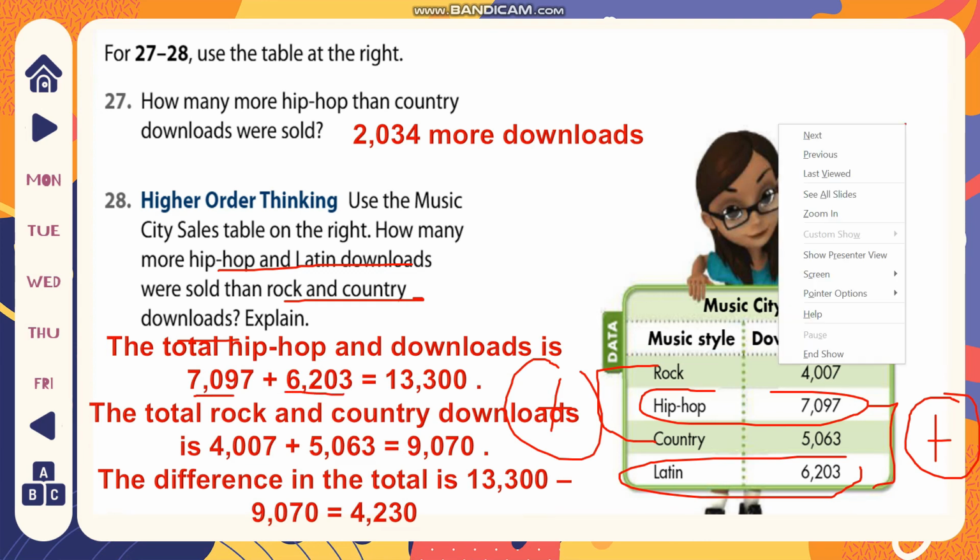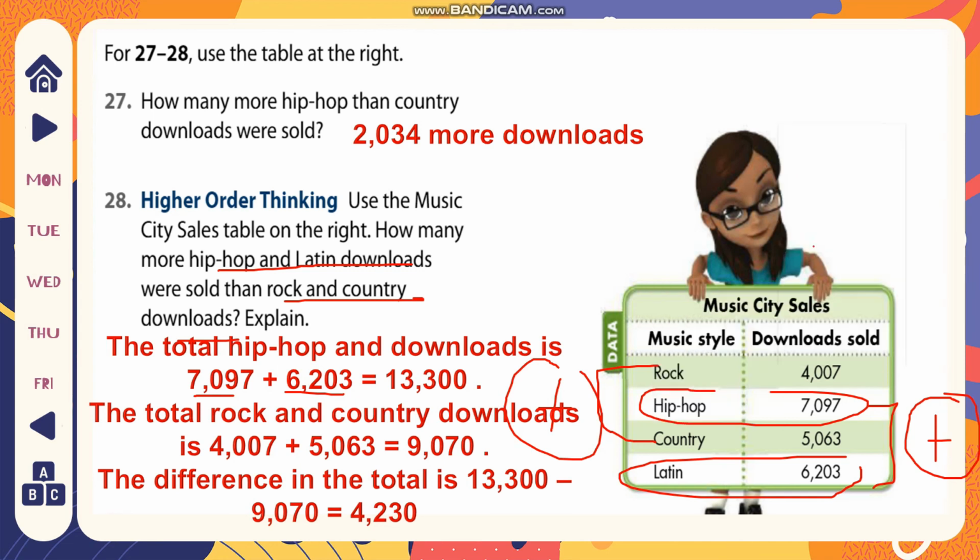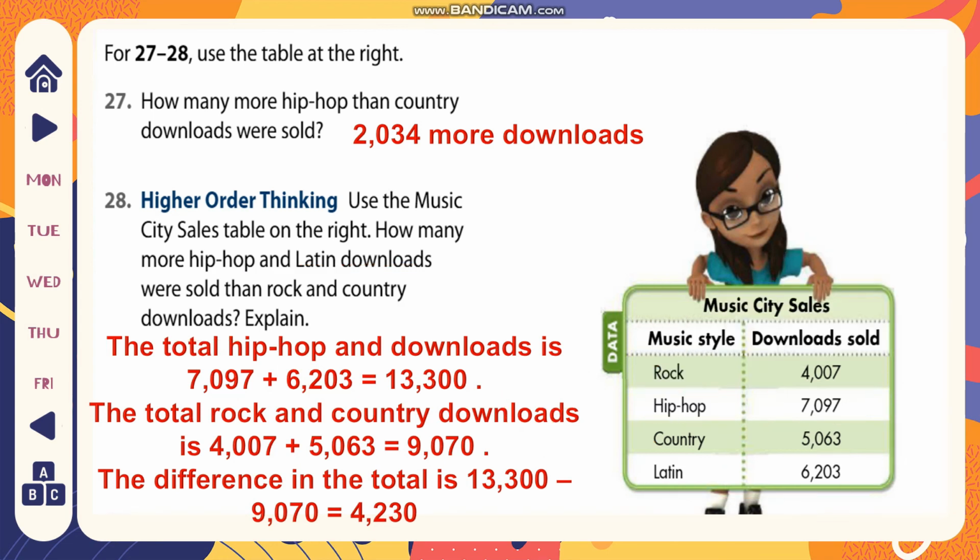So the answer is 13,300. Then the total rock and country downloads, that is 4,007 plus 5,063, and that is equivalent to 9,070. So to find the difference, 13,300 subtract by 9,070, so the answer is 4,230.